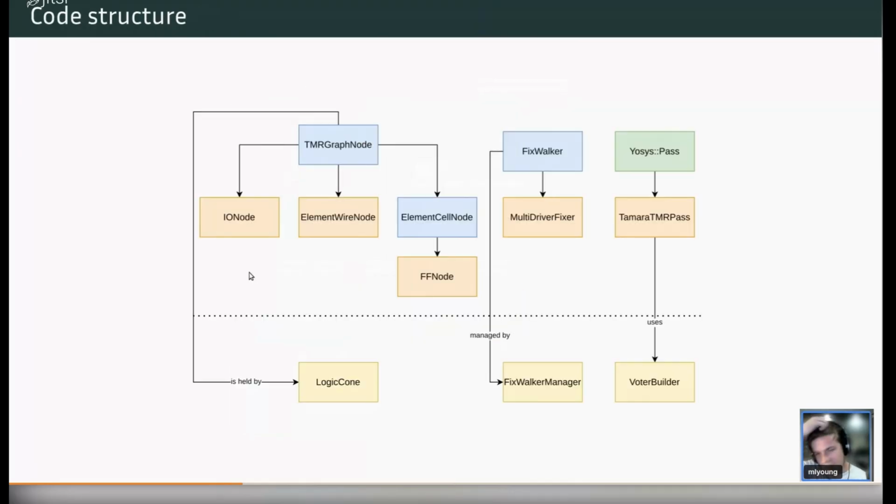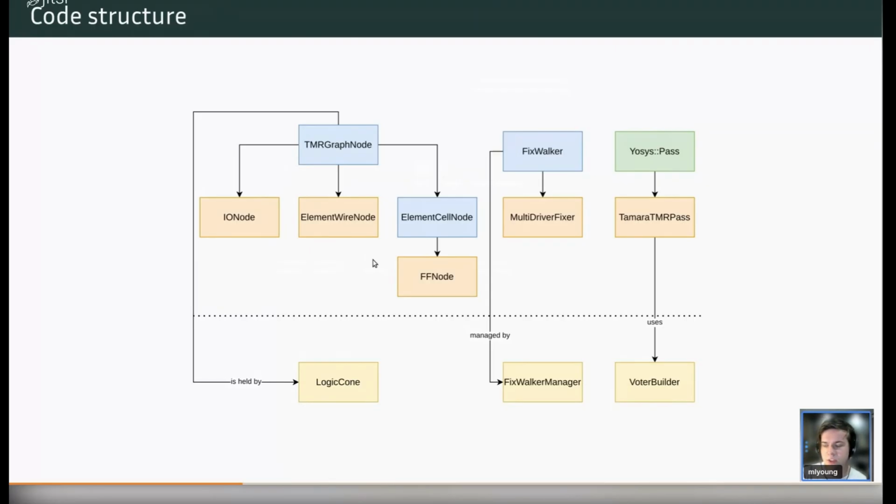So in terms of how the actual plugin itself is structured, this is the general overview. The root data structure node is this TMR graph node, which has children that can be IOs, wires, cells, and of course a subclass of a cell is a flip-flop. It's a bit different because in RTL-IL, I'm pretty sure if I remember correctly, a wire is a sort of cell maybe.